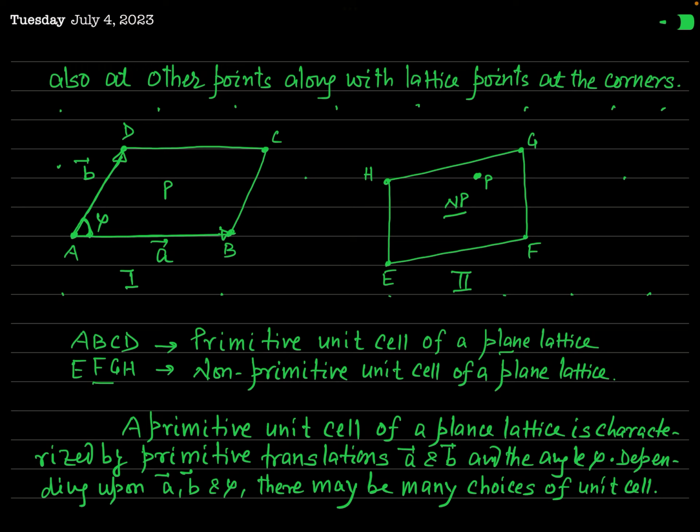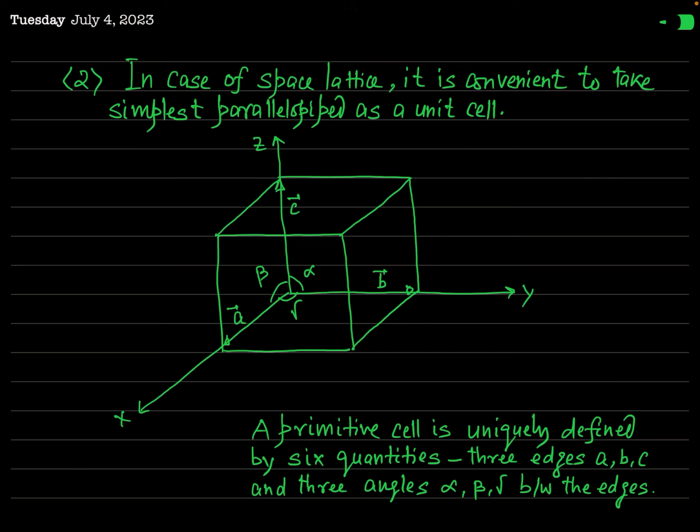Now, after getting the idea of the unit cell, the primitive unit cell and non-primitive unit cell, we will see what should be the most convenient unit cell in case of a three-dimensional lattice, or you can say the space lattice. Actually, in case of a space lattice or three-dimensional lattice, it is most convenient to take the simplest parallelopiped as a unit cell.